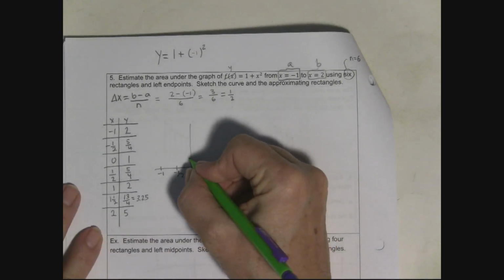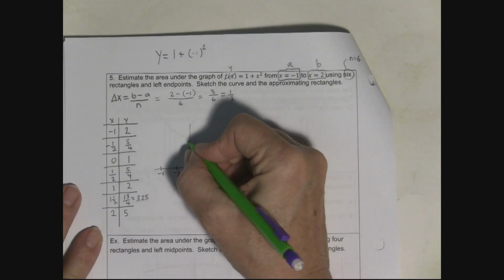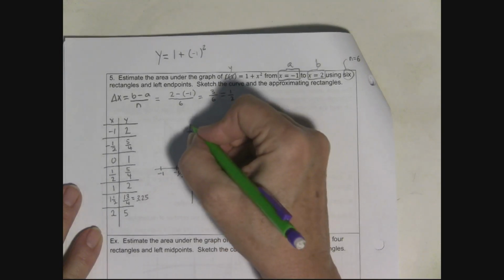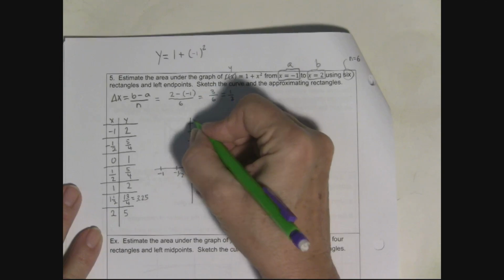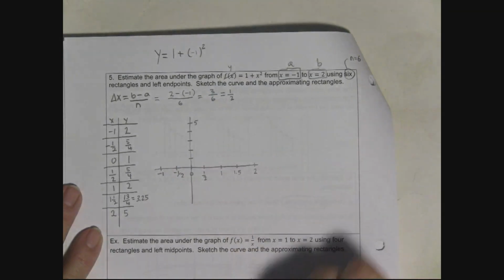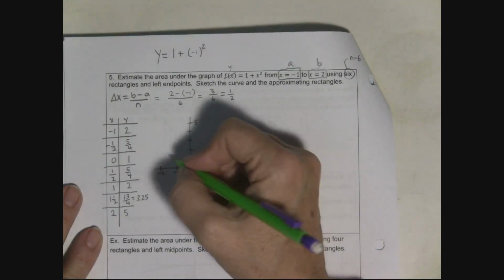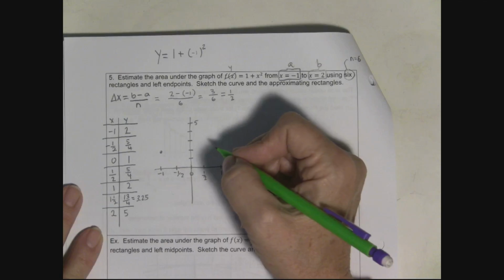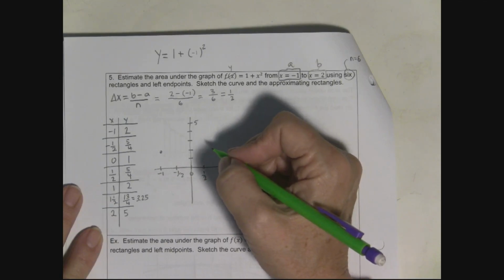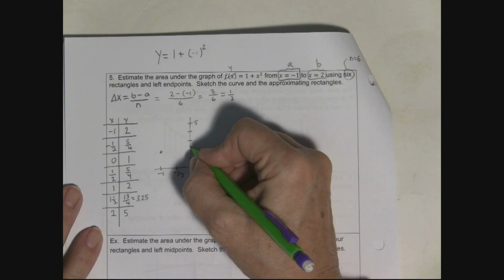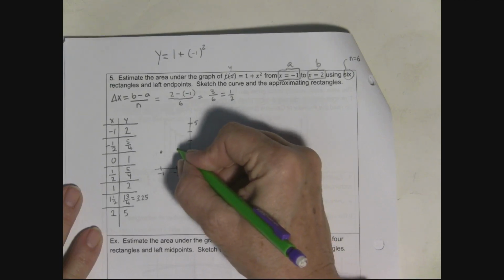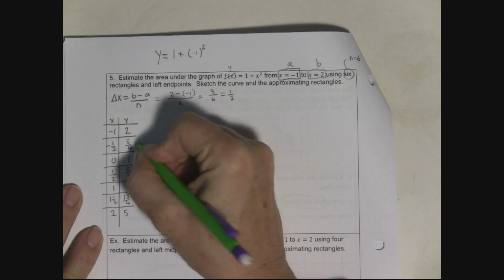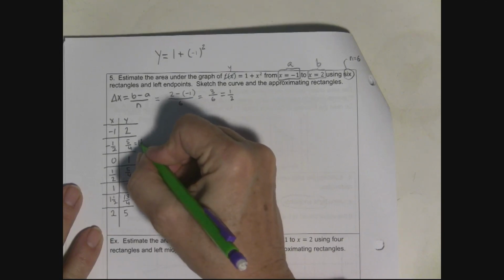So I'm going to make this height of 1, height of 2, height of 3, height of 4, height of 5 is what I'm going to have. So at -1, I was at a height of 2. And at -1/2, I was at 1 1/4. 5/4, that's 1 1/4, right?